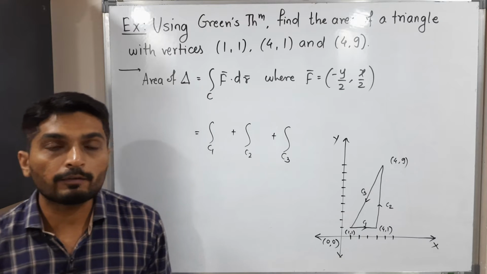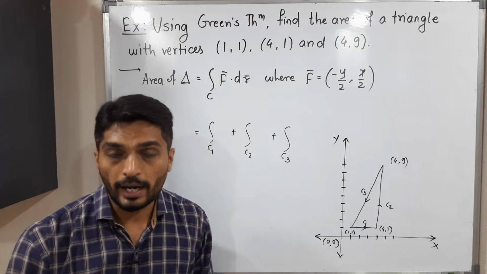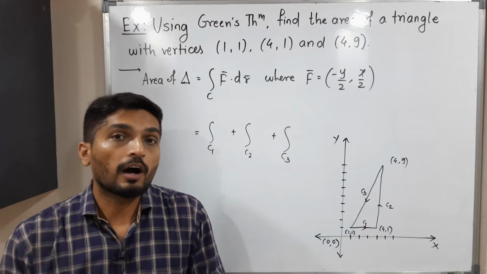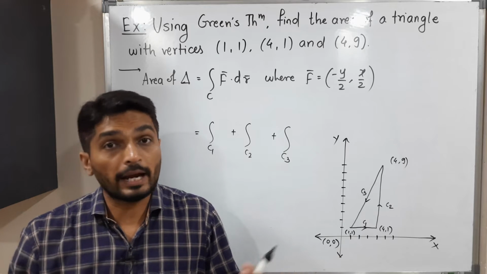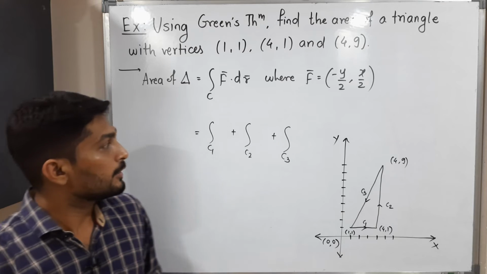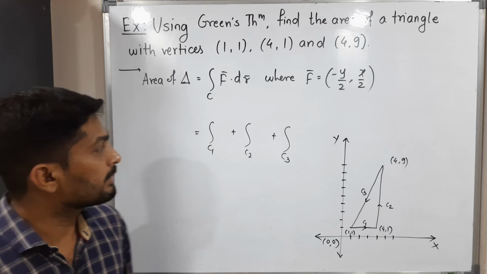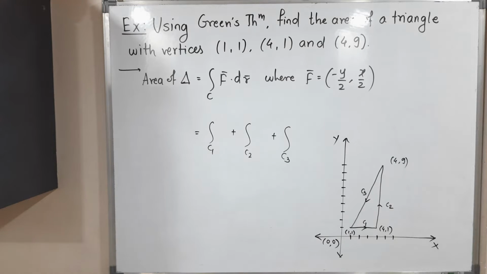We first find the value over C1, then C2, and then C3. After getting all values, we add them and we have the final answer. Okay, so this is our procedure. Now our first focus is on C1.